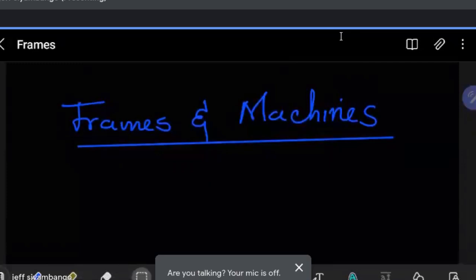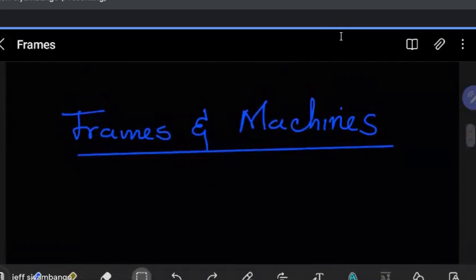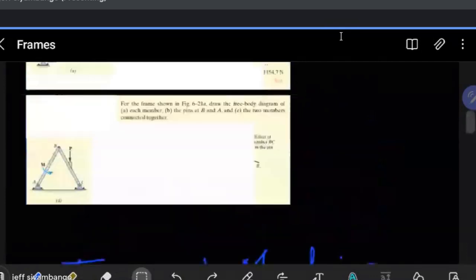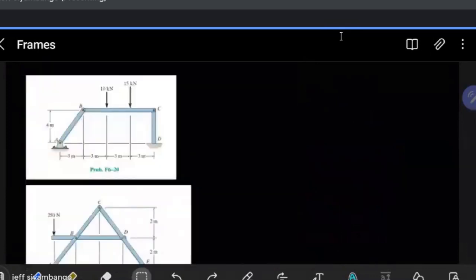It's literally the same as what we did under trusses and how we were looking at free body diagrams for those members or those type of supports. But now we want to be able to account for all the forces that are acting through a specific member.